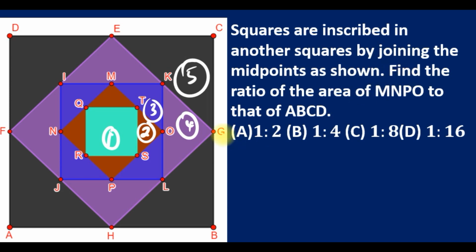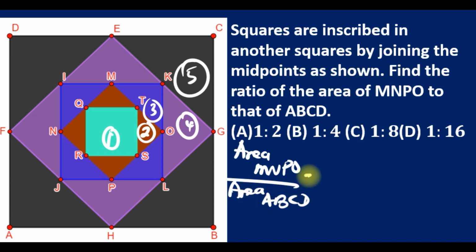And since we're asked to find the ratio of areas, we're going to use the formula relating the ratio of areas of similar shapes, because the two are squares. So we know that the ratio of area of MNPO to that of ABCD is equal to the ratio of the squares of the lengths.